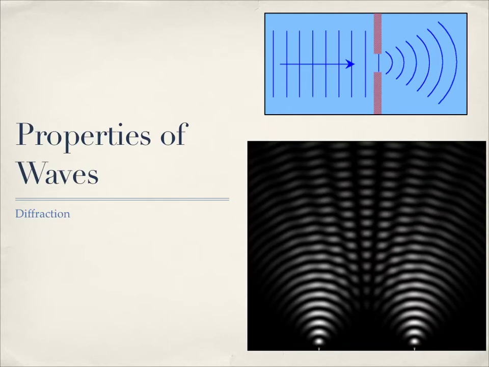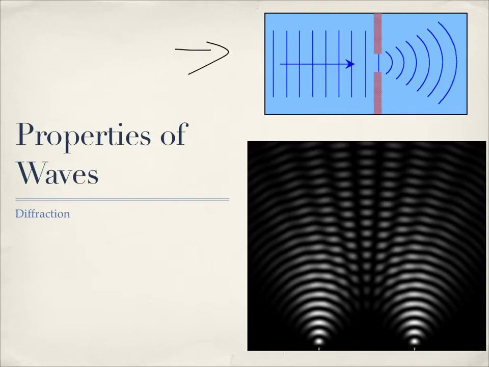All right, so we've talked about light in the last chapter, and let's talk about some different properties of waves, and we'll relate that to light. The first property that I want you to be familiar with is diffraction. Look at this screen up here.